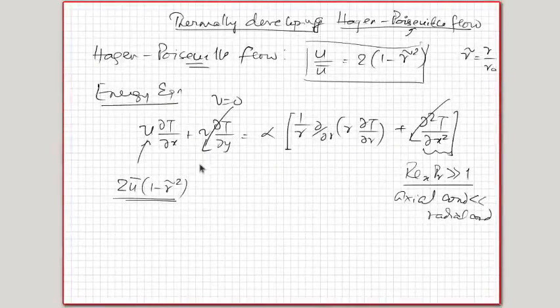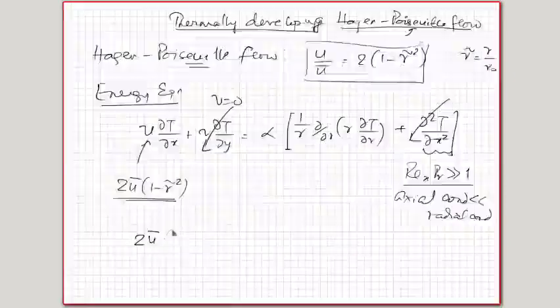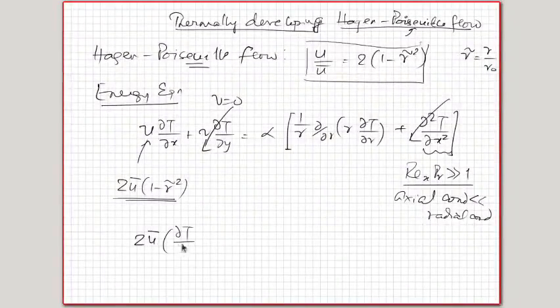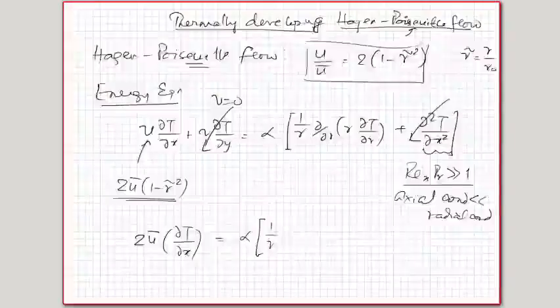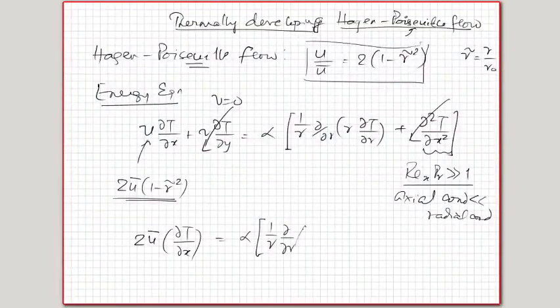Okay. So if I substitute that, then my equation would become something like 2U bar into del T by del x is equal to alpha times 1 by r del by del r of r del T by del r.